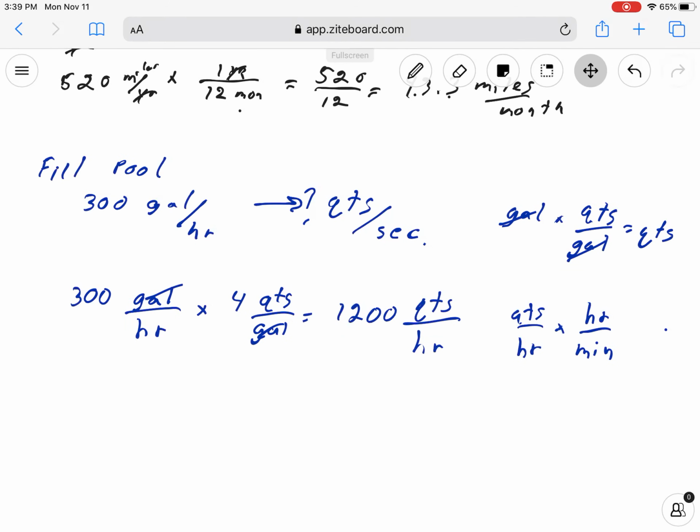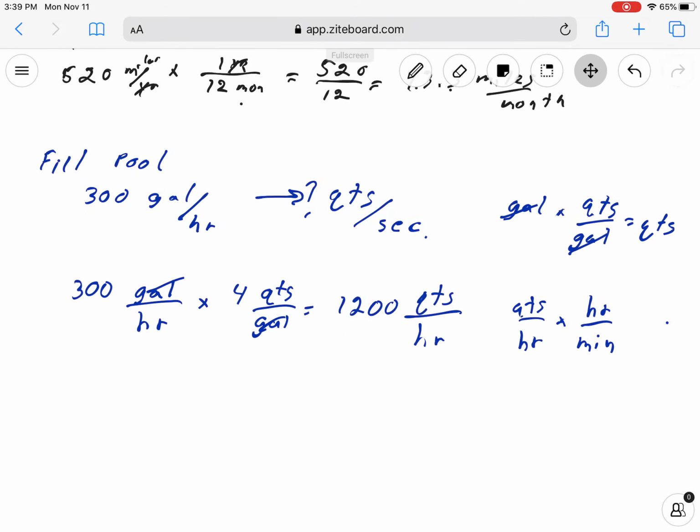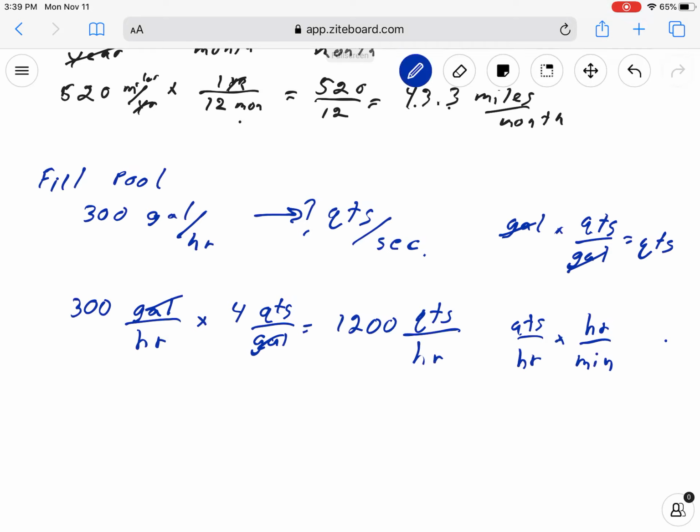Okay. So let's go ahead and now that we know that, we can go ahead and put in the numbers. So we'll have 1,200 quarts per hour, and I want hours on top, so 1 hour, 60 minutes.